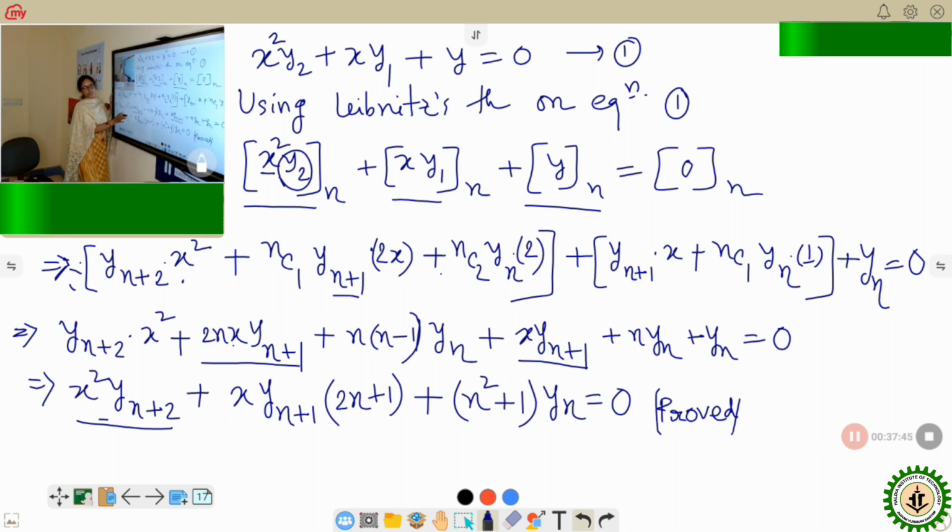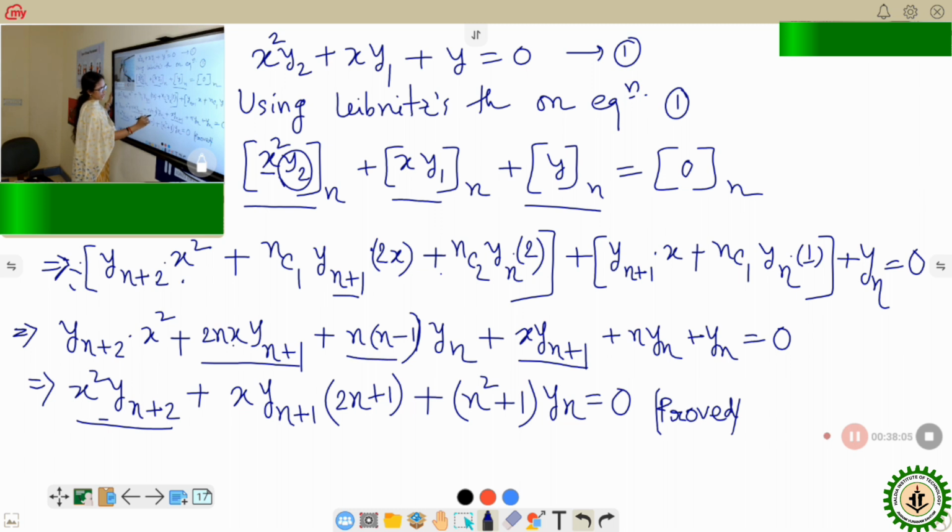Now the simplification. y(n+2) x square plus nC1, whose value we have seen, gives 2n x y(n+1), plus nC2, whose value will be n into n minus 1 divided by 2. So that 2 and this 2 will be cancelled.